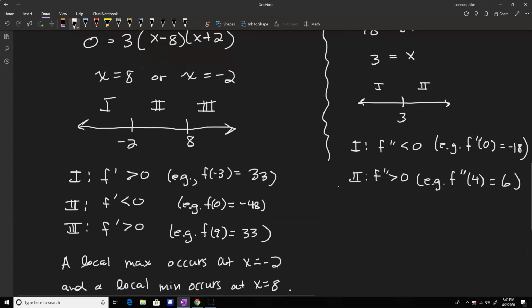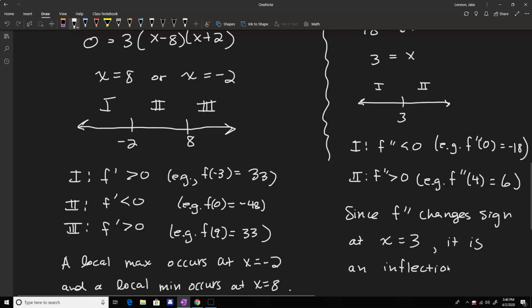So we could say since f double prime changes sign at x equals 3, it is an inflection point. So we found all the critical values and inflection points of our function.